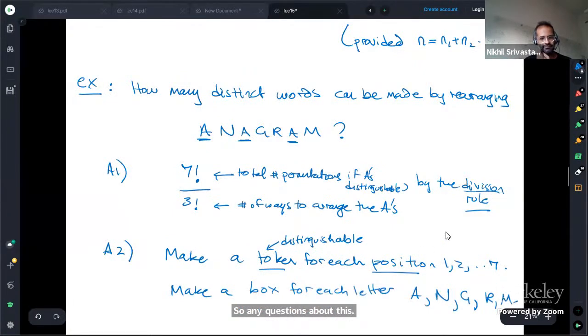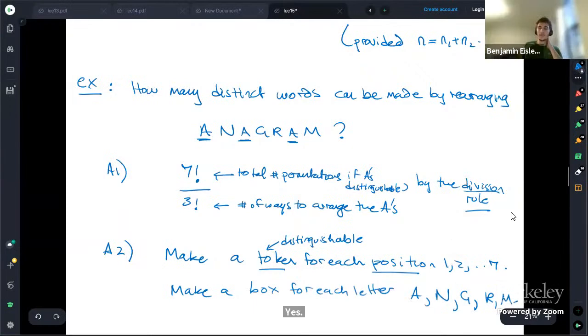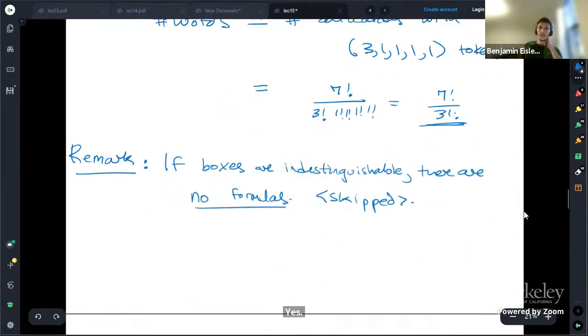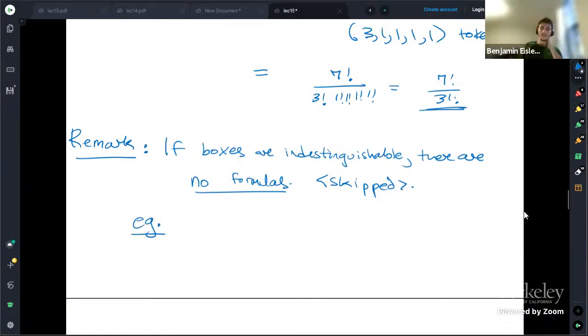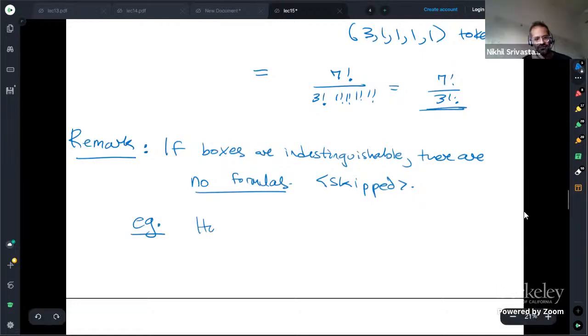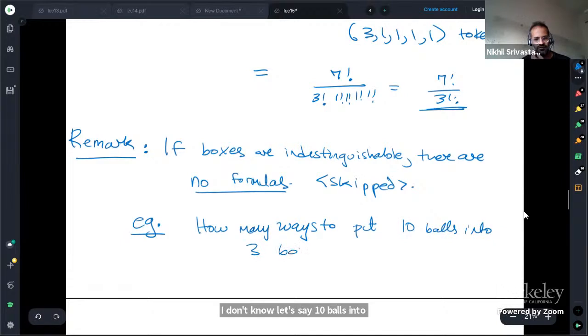Yes. Would you be willing to give an example of a problem with indistinguishable boxes? Sure. Well, you can just ask the question, how many ways to put, I don't know, let's say 10 balls into 3 boxes, and everything is unlabeled, right?